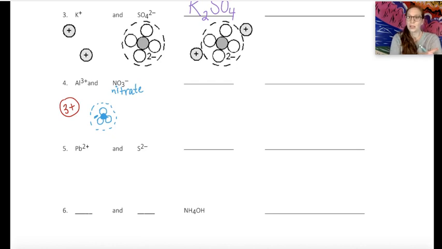So +3, I need a total of -3 to make this neutral. So I'm going to need to draw 2 more of those nitrate ions. Exactly the same. I'm going to need a total of 4 atoms, 1 N and 3 O's, and then somewhere in there put a negative sign. Hopefully I'm going to give myself enough space.